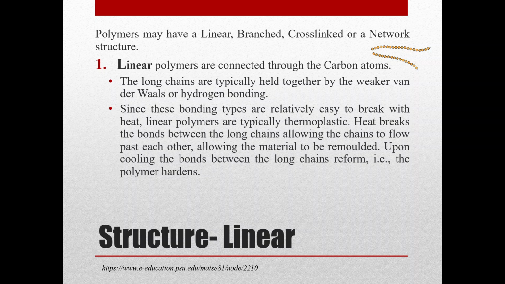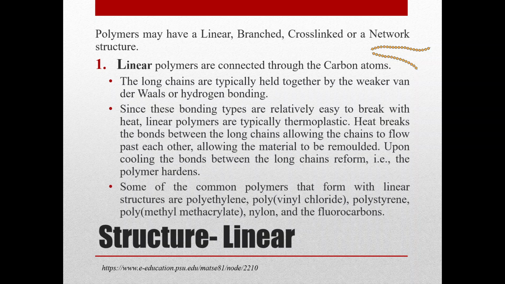So if between the molecular chains there are weak van der Waals forces or hydrogen bonding, then these can be easily broken by heat, and therefore such materials will normally be thermoplastic in nature. So some of the common polymers that form with linear structures are polyethylene, polyvinyl chloride, polystyrene, polymethyl methacrylate, nylon, and the fluorocarbons.